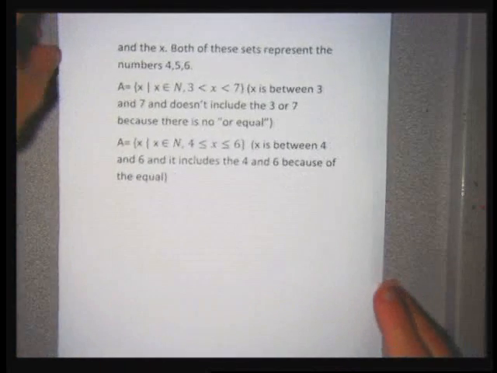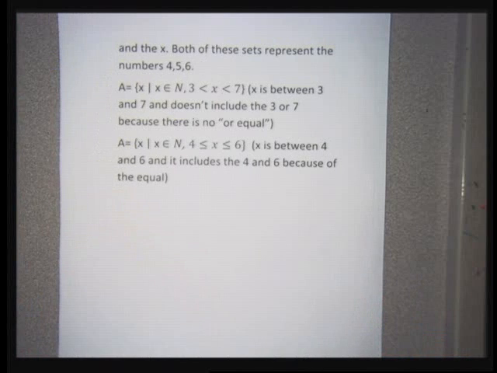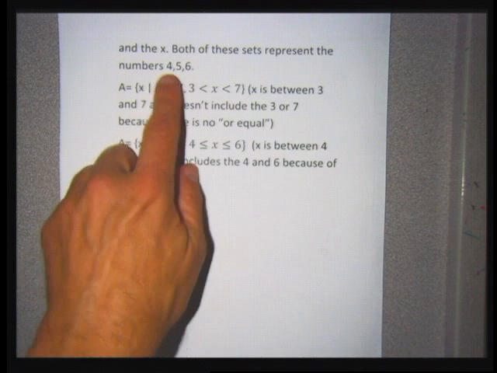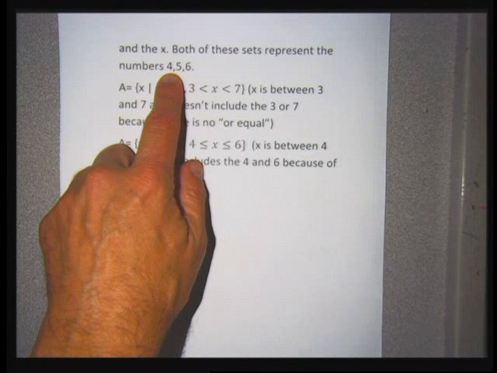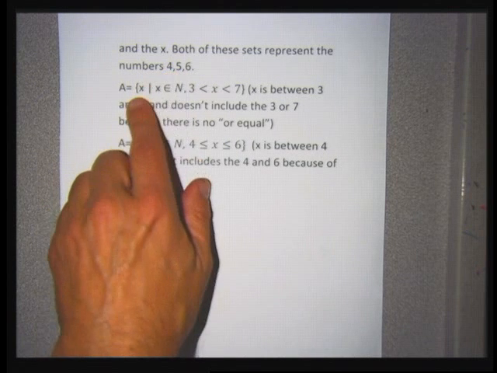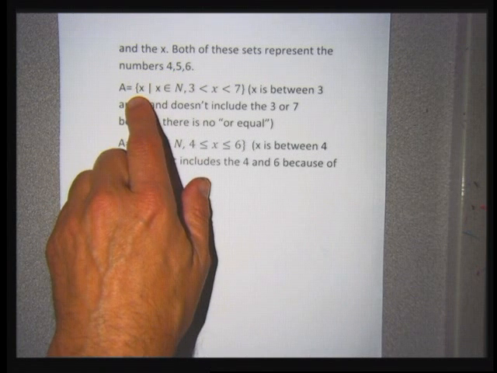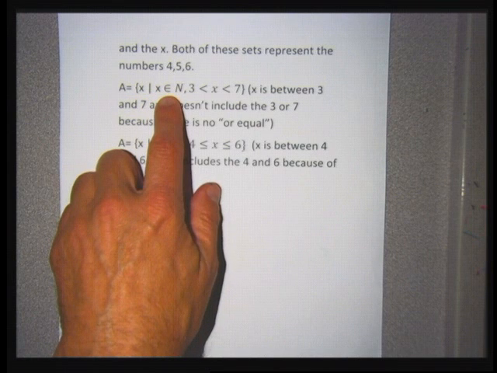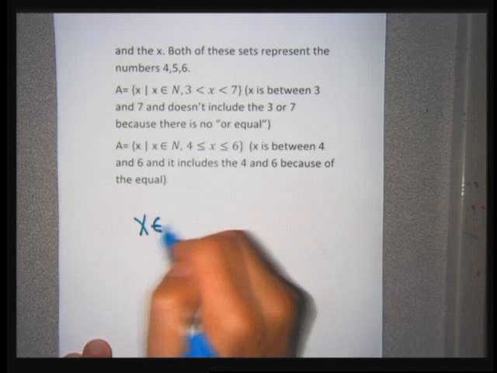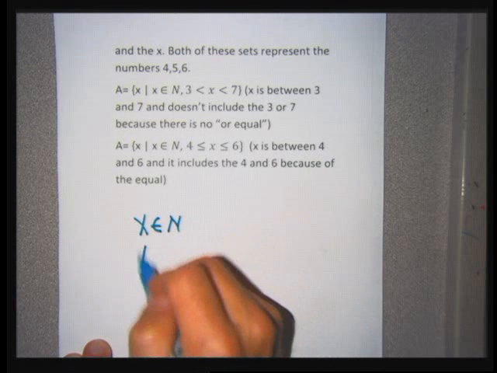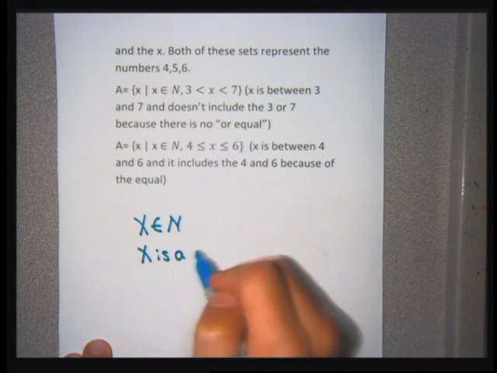All right, so now I am going to write my answers two different ways, and I'm writing it in a slightly slick way. So I know A needs to be the set 4, 5, and 6, so it's in natural numbers. When I'm writing my set builder form, I start off by saying x is a natural number. Instead of using the symbol x as an element of N, I could say x is a natural number.